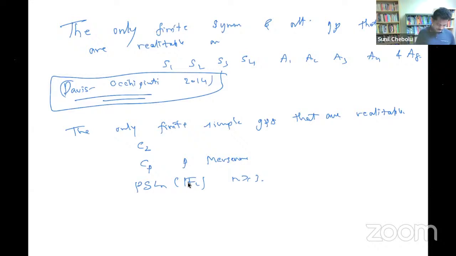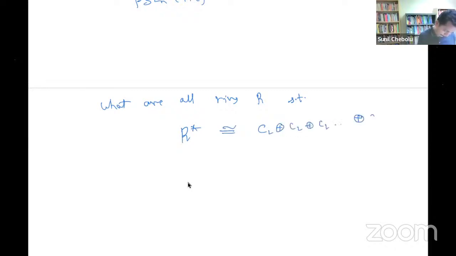This is where the combinatorics is coming in. The problem which I worked on with my students is the following. What are all finite rings R such that R star is a simple elementary abelian 2-group?